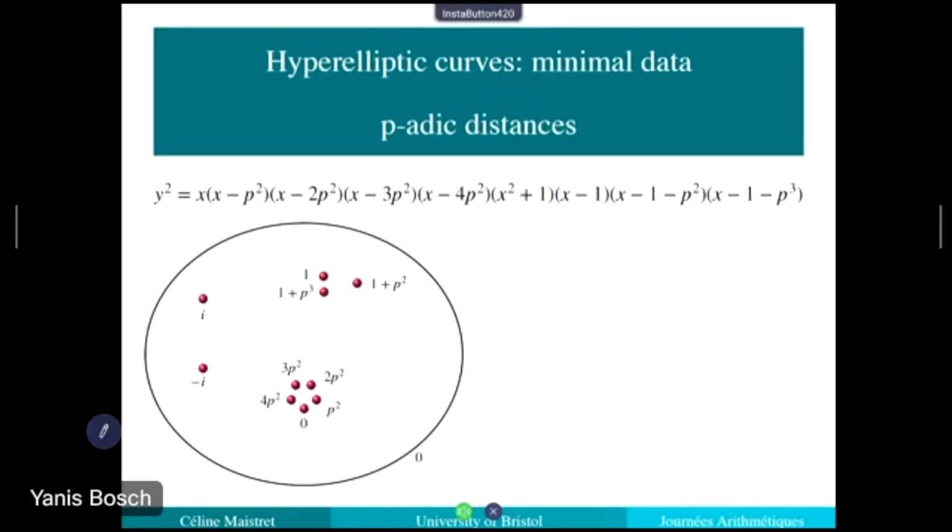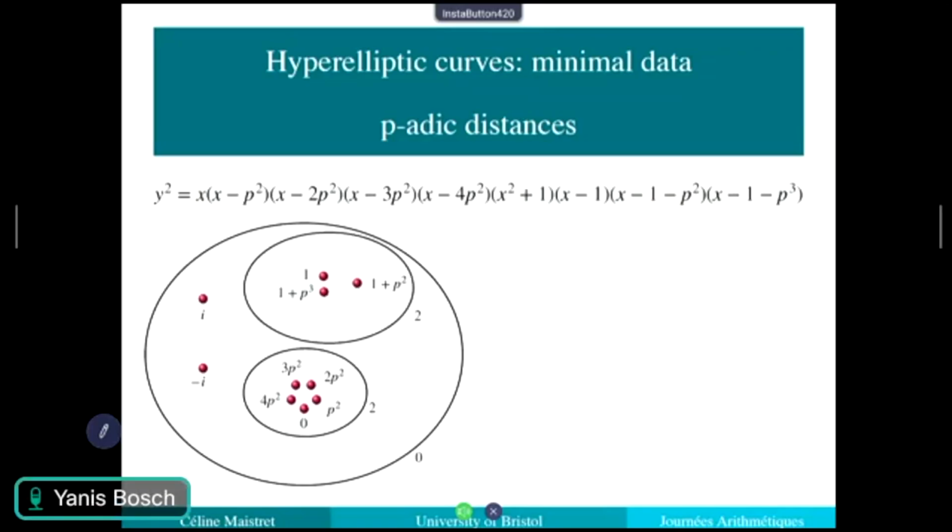For example, we saw that the difference between i and 0 is not divisible by p. So the minimal radius of this p-adic disk is 0. And then I can go deeper, and I'll find a smaller p-adic disk, this time of radius 2, because of the differences of those roots. I'll find then another one of radius 2, and then a smaller one of radius 3, because 1 and 1 plus p cubed, their difference is divisible by p cubed.